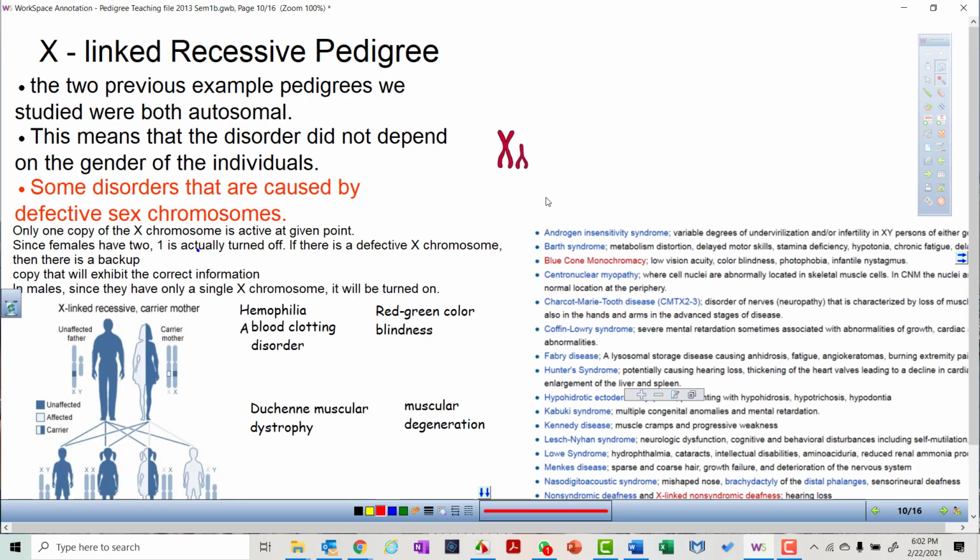That brings us to X-linked recessive. All right, so this is a very special case. The last two pedigrees we looked at were autosomal. They're on chromosomes number 1 through 22. This next one is related to the X chromosome specifically.